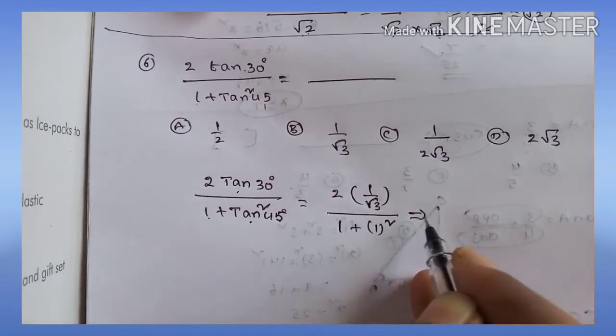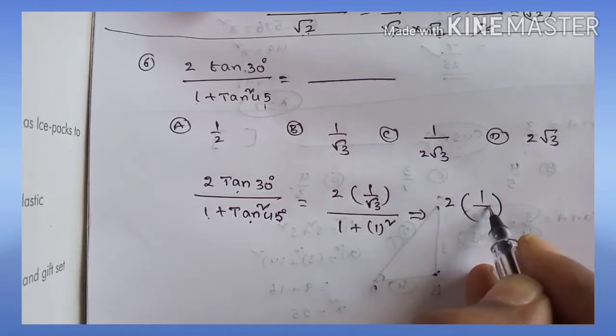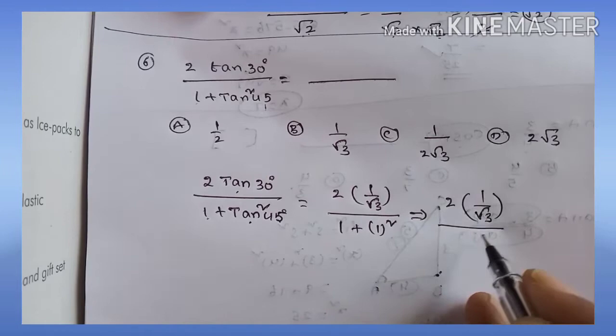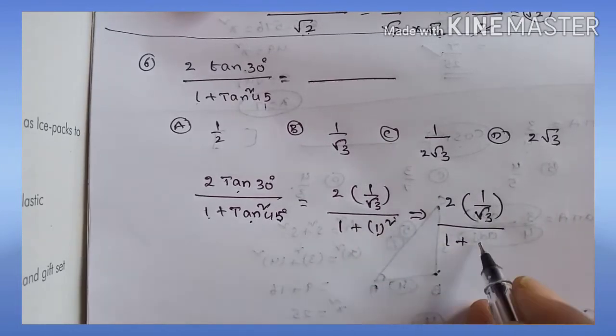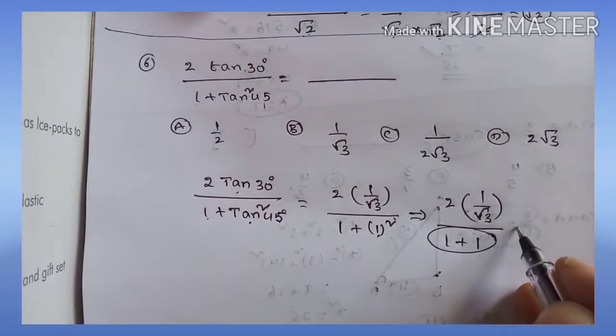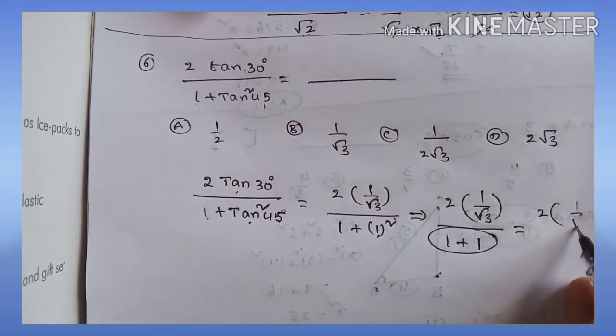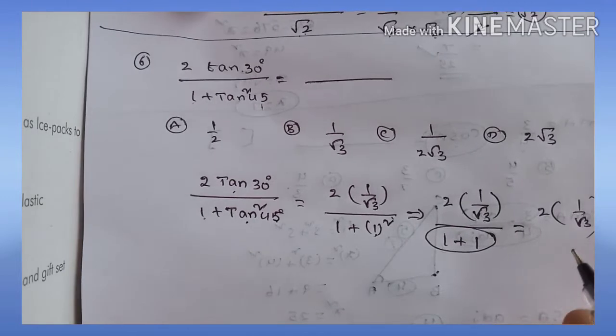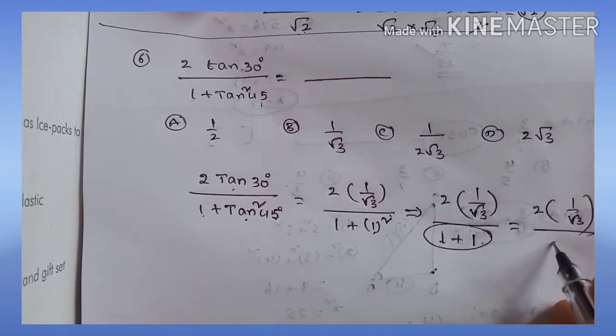What could be the result for the next step? 2 into 1 by root 3 by 1 plus 1 square value is equal to 1. Now in the denominator 1 plus 1 is equal to 2.